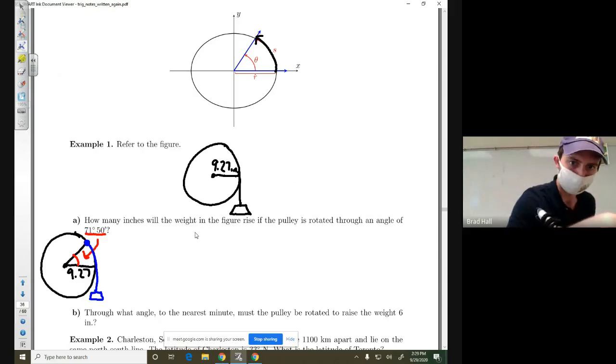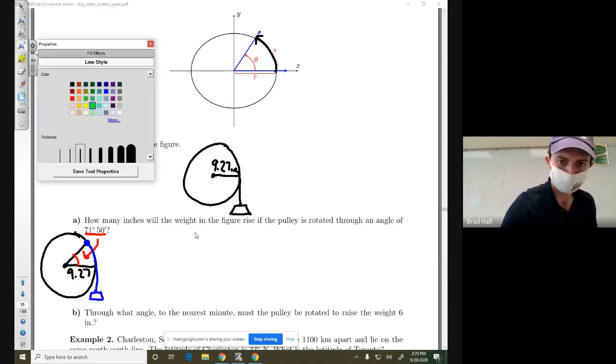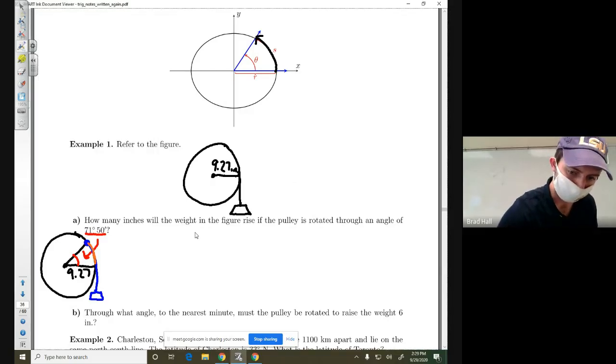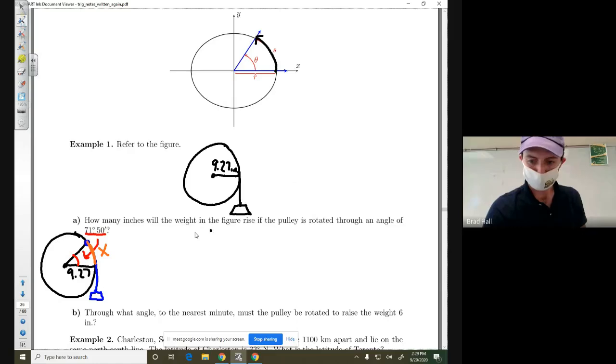So what we're trying to find is this arc length here, because that tells the distance from the starting position to where the rotation has pulled it. I'll call that X. I don't know what it is. The formula itself is S equals R times theta.